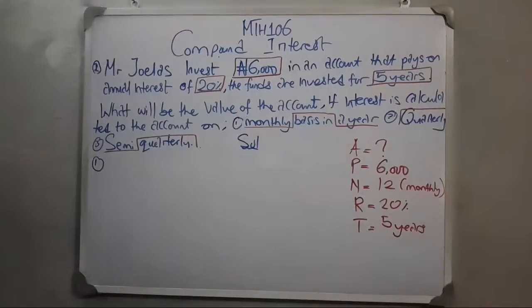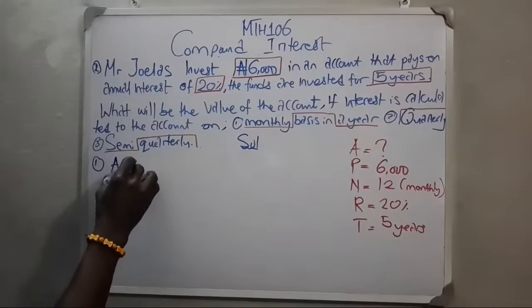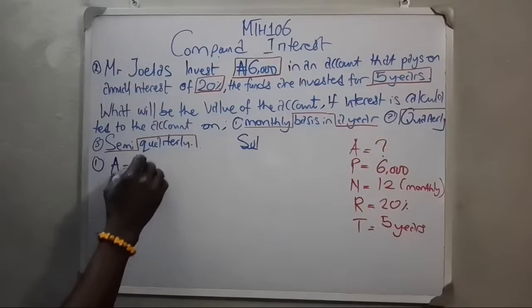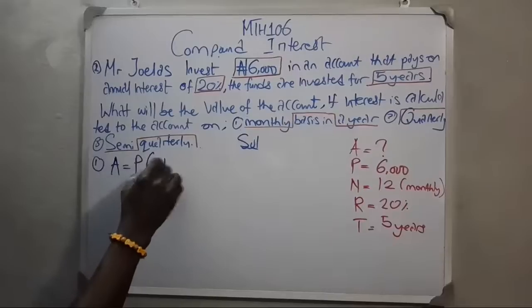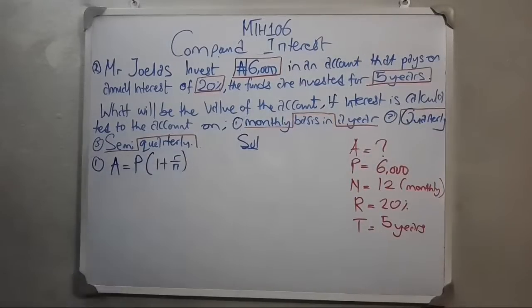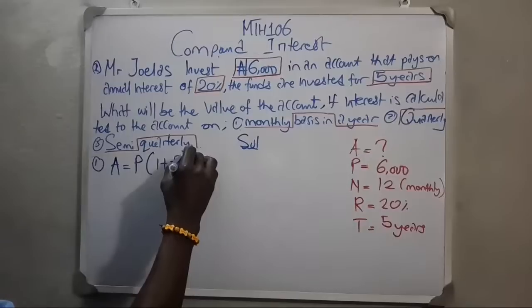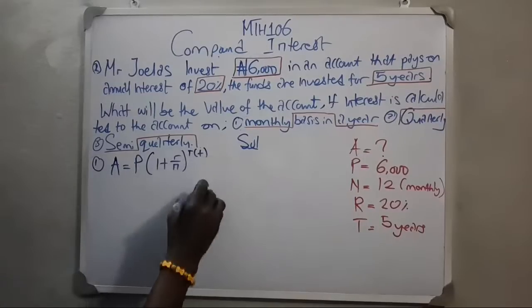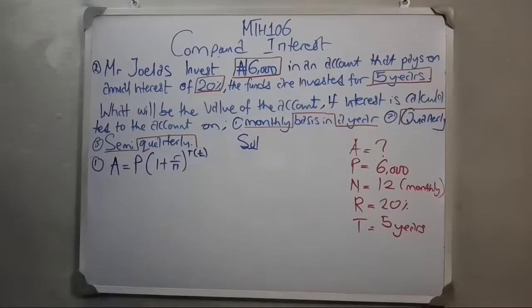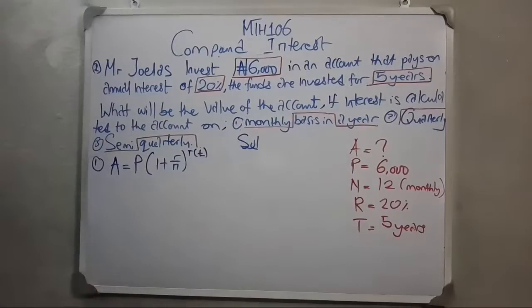The formula says A, the total amount, equals P, the actual amount, into bracket 1 plus R over N, the ratio of interest over the number of periods, all raised to the power T. From here we have everything we want, so we can start to plug in.